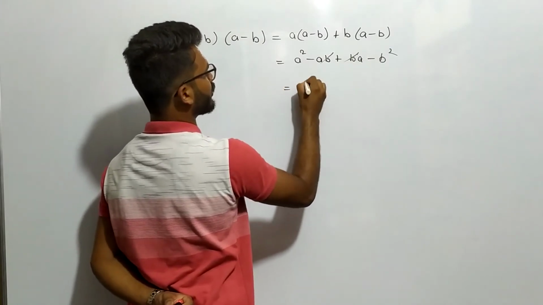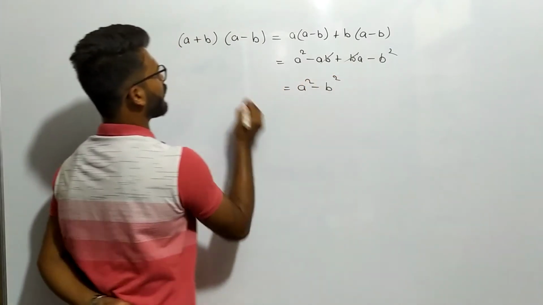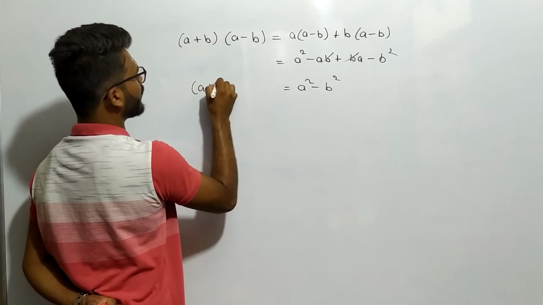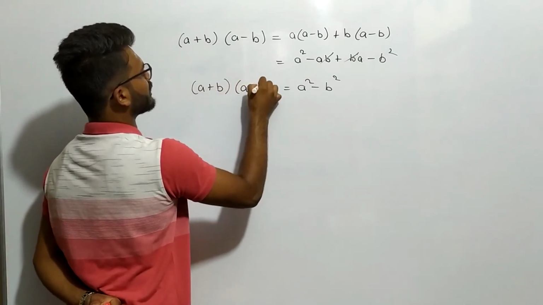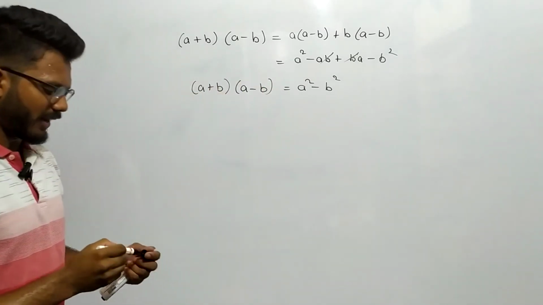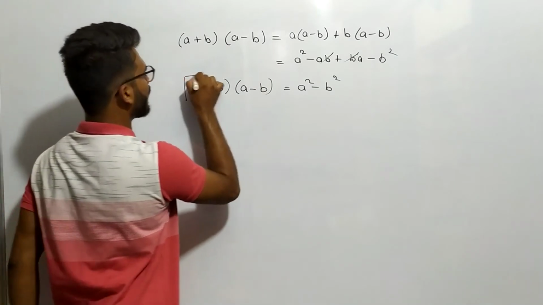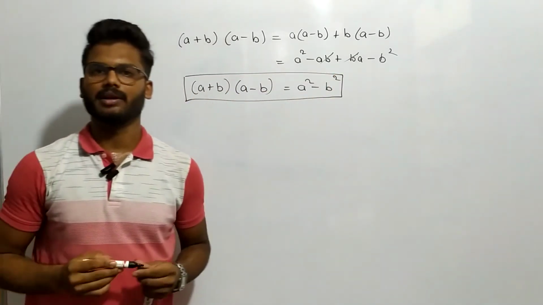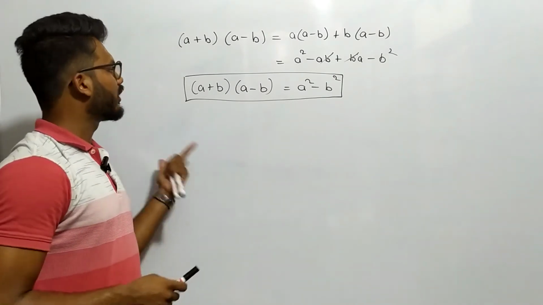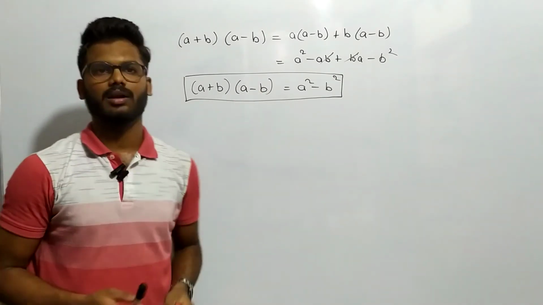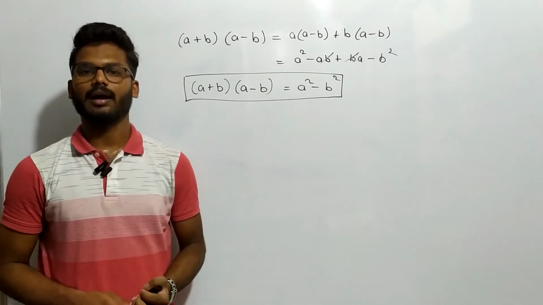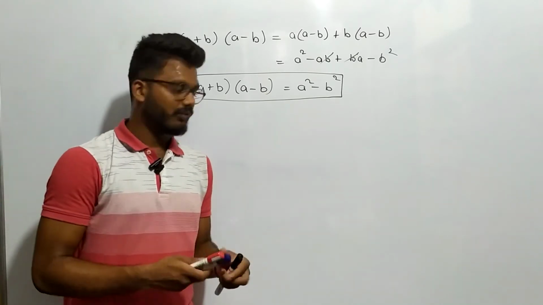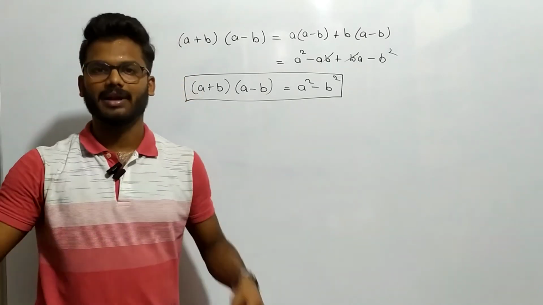So we get a square minus b square. What is the formula for this? a plus b into a minus b. For getting a square minus b square, we have to multiply a plus b and a minus b. Up to here, previous 8 formulas and here 1, so total 9.